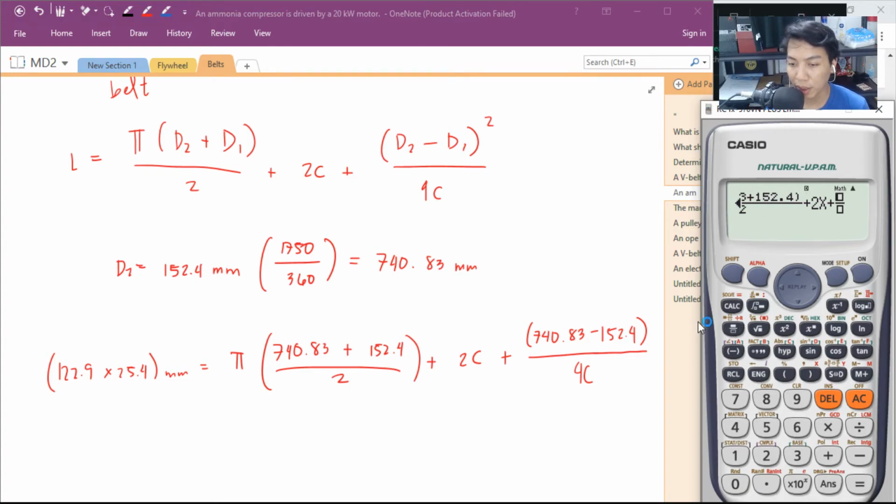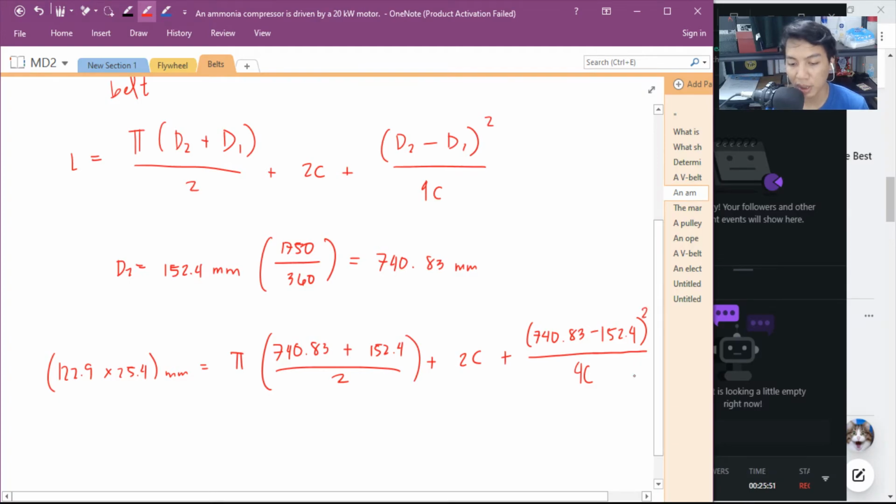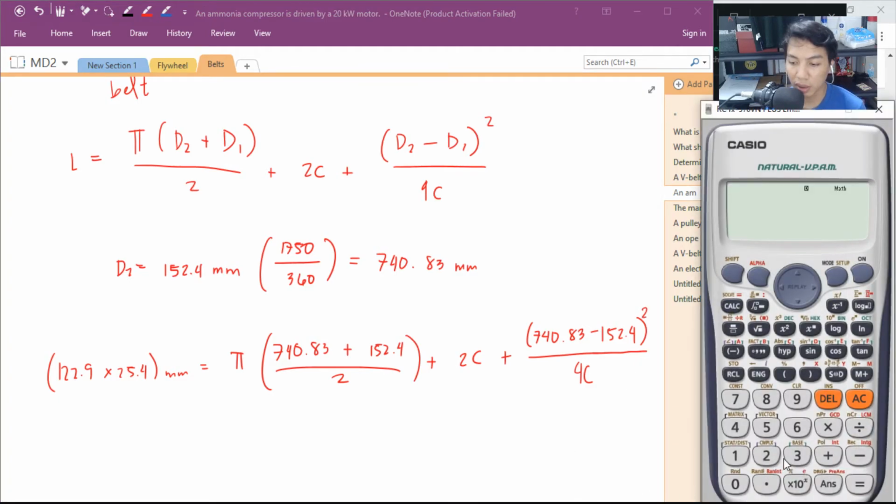Nakalimutan ko yung square. Oh, may ulit siya. 3121.66 alpha equal to alpha pi, hindi pala, shift pi times 740.83 minus 152.4 dapat to add plus over 2.